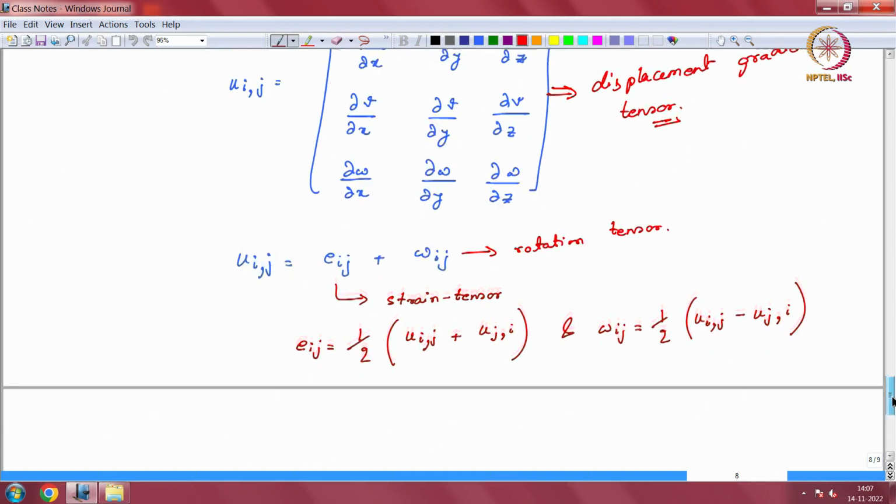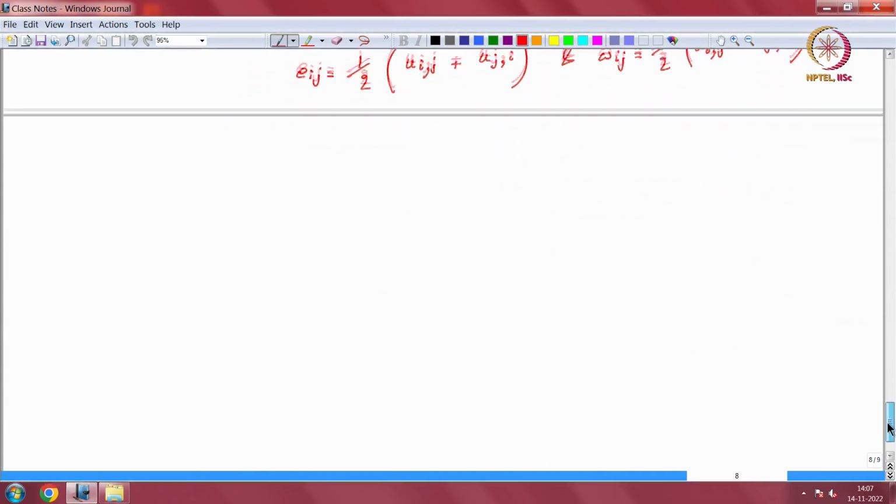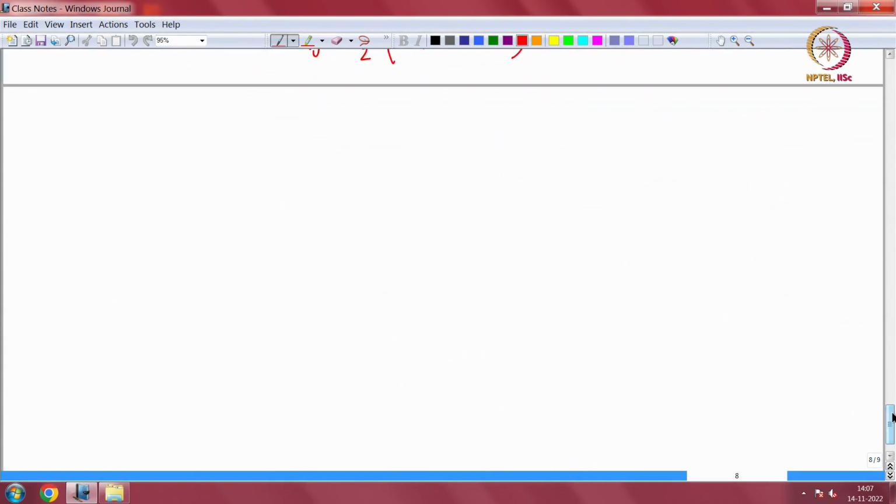Now the same thing we can also understand through geometry. Here we just took advantage of Taylor series approximation, but there exists a geometrical interpretation to the strain tensor also. Again, I must note that this is in the case of small deformation, so that's a very important issue, right?